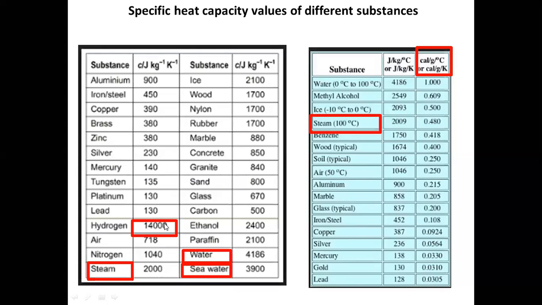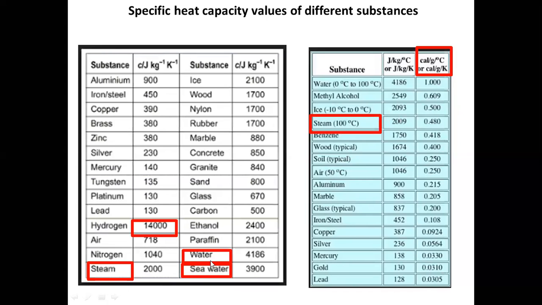See, hydrogen is quite 14,000. So steam 2,000 should be at 100 here. So here steam 100 in this table, joule per kg in this column. You can see 2,000 here, 2009.